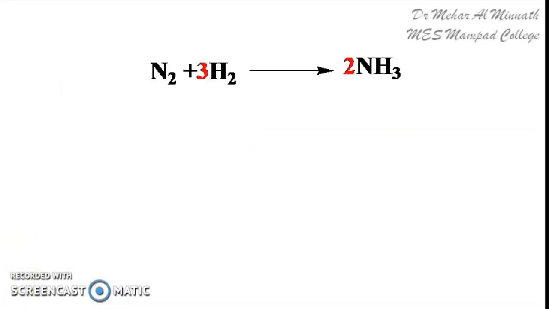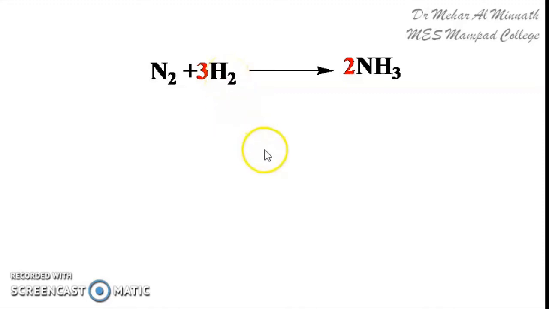Now, let us take an example, the formation of ammonia. N2 plus 3H2 giving 2NH3. This reaction completely takes place in the gaseous state. You can see here, for every mole of nitrogen used, 3 moles of hydrogen are used and 2 moles of ammonia are formed.